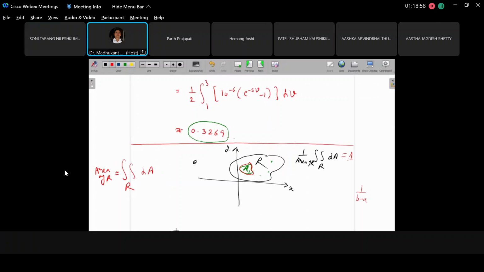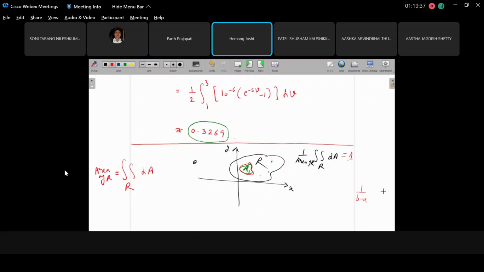I am trying to identify the PDF, the probability density function, so that uniformity will be mentioned. What did you understand by uniformity? One upon the length of the interval, for each value, over the area of the interval.